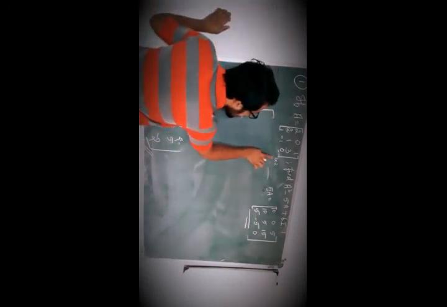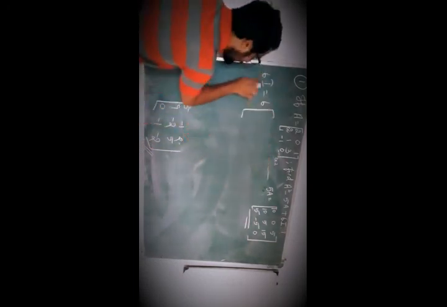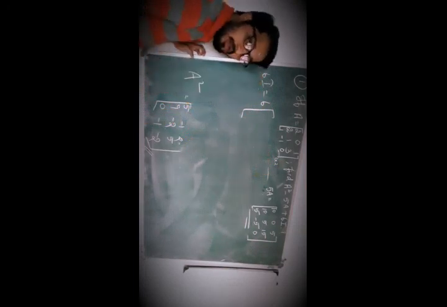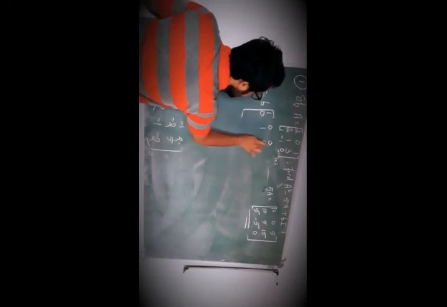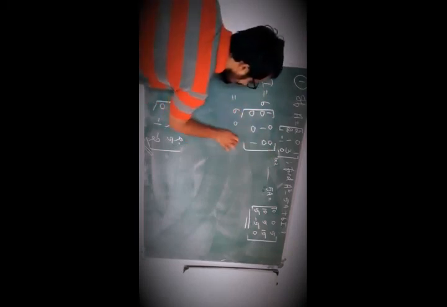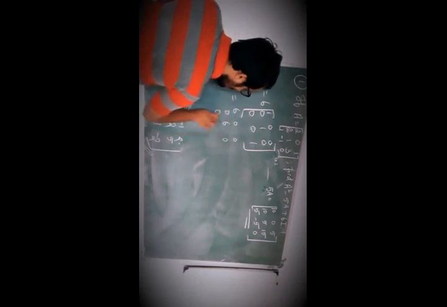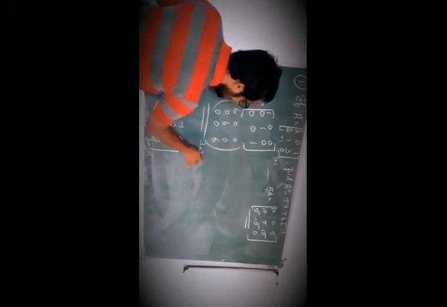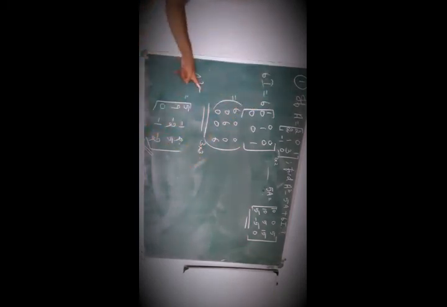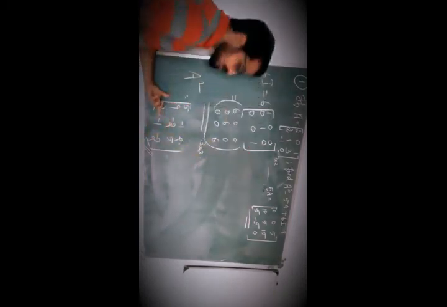Since the given matrix is of order 3 by 3, I have to choose the identity matrix of order 3, that is 1 0 0, 0 1 0, 0 0 1. That is 6 0 0, 0 6 0, 0 0 6. This is the required 3 by 3 matrix of 6I. Is it clear? 5A I have, A square I have.